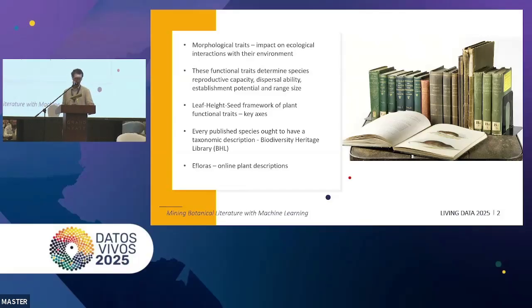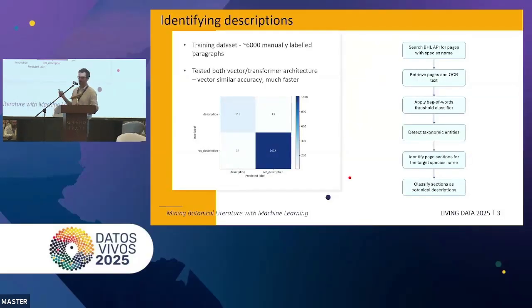So we built a workflow to do exactly this. The first step in the workflow is to locate these descriptions. For e-floras, it's simple, just scrape the data. BHL was a little trickier. We search BHL for a species, retrieve the page and the OCR text, and then check that the page contains the trait terms that we're looking for.